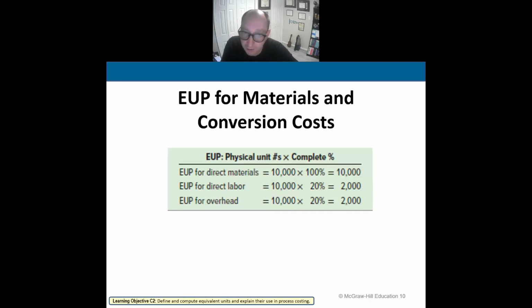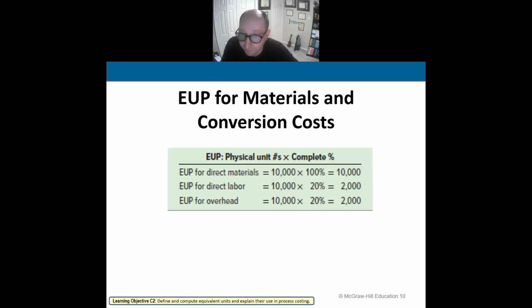So to find the equivalent units of production, I take the number of units times the percentage complete. So 10,000 times 100% obviously is 10,000. 10,000 times 20% for labor and overhead is 2,000 units.